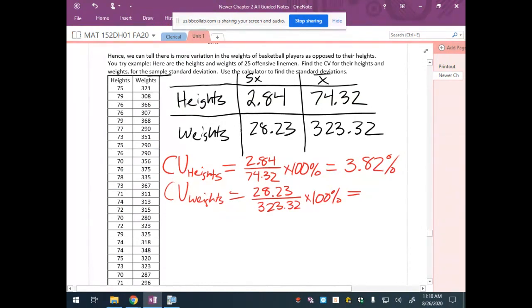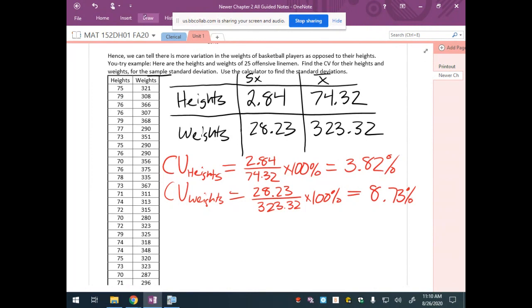And for that, we get 8.73%. So yeah, trust me, you are going to want to use the calculator to figure this stuff out. You definitely don't want to do that by hand.